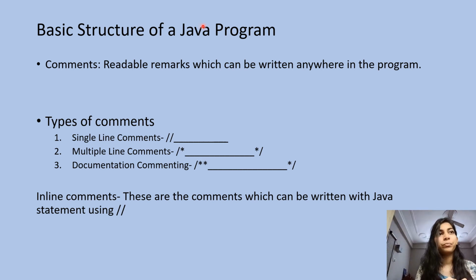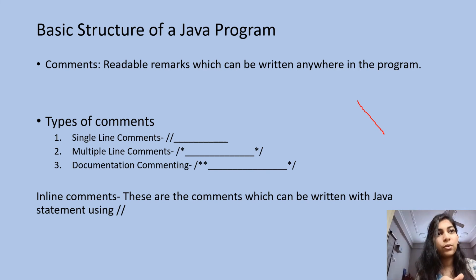Now, we can see here that comments are of three types: single line comments, multiple line comments, and documentation commenting, right? Single line comments start with two forward slashes. The slash like this is known as a forward slash, whereas a slash like this is known as a backward slash, right?